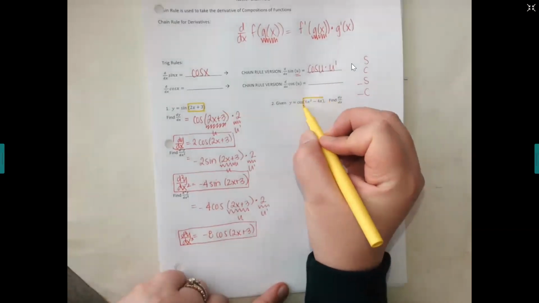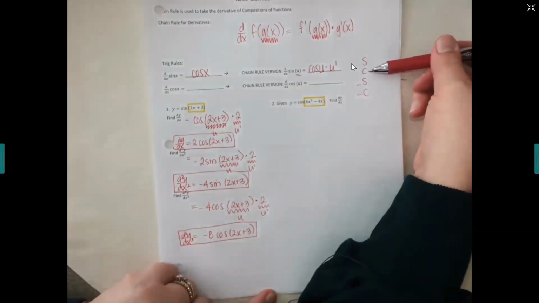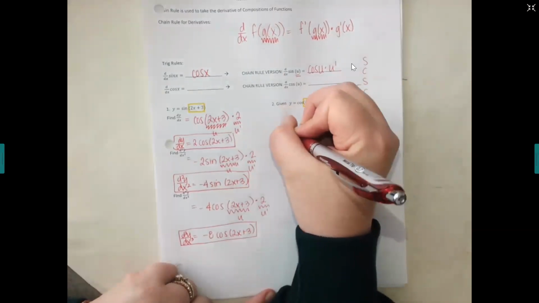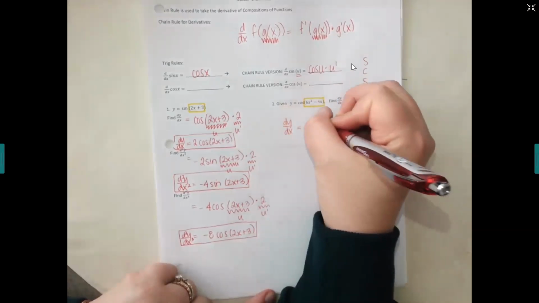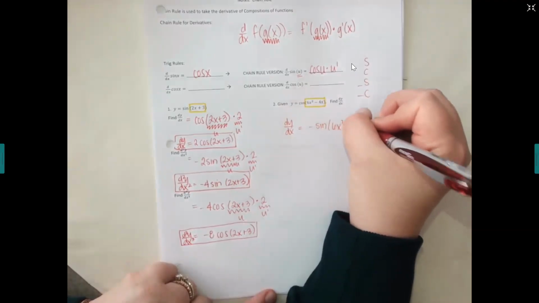Take a look at the one right next to it. This time, my outside layer is cosine, and my middle is 6x squared minus 4x. So I would look at my cosine. The derivative of cosine goes to negative sine. Keep your middle part exactly the same.